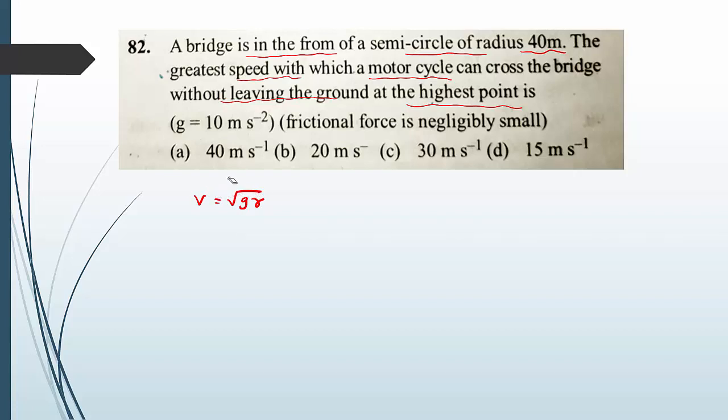Coefficient of friction is very less, so it is neglected. Directly you can substitute the value, g is 10 and r value, semicircle of radius 40 meter. So we will get the answer 40 into 10, 400. Square root of 400 is 20 meter per second. Option B is the right answer.